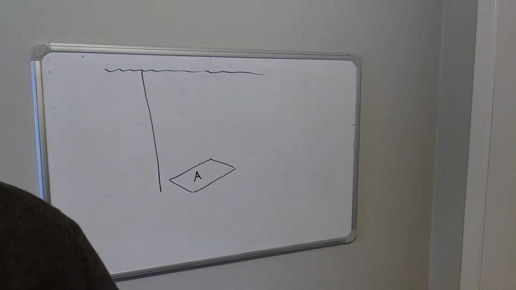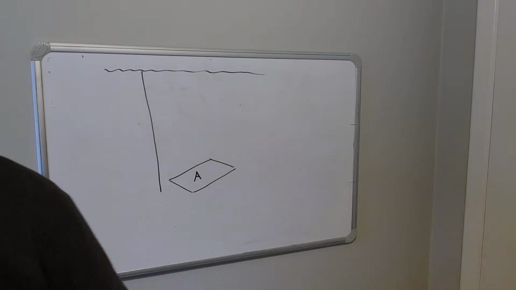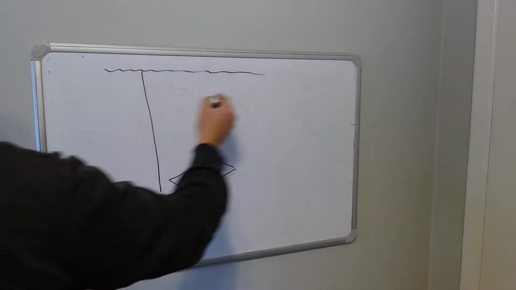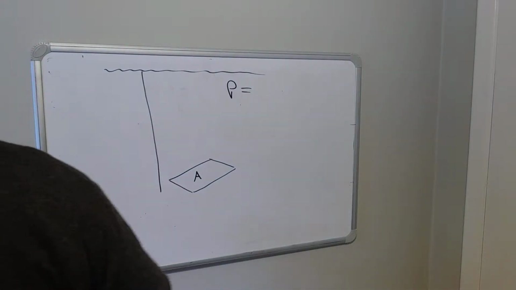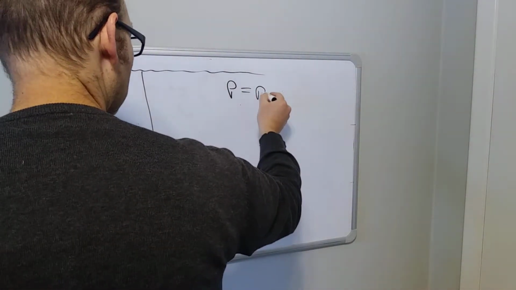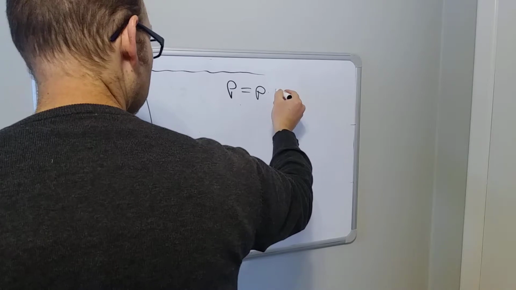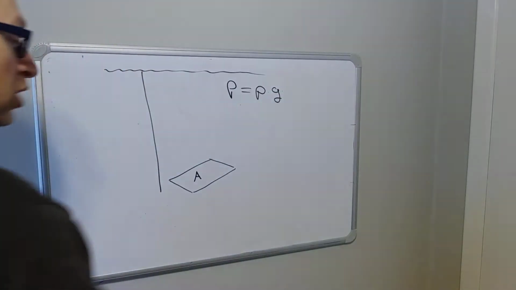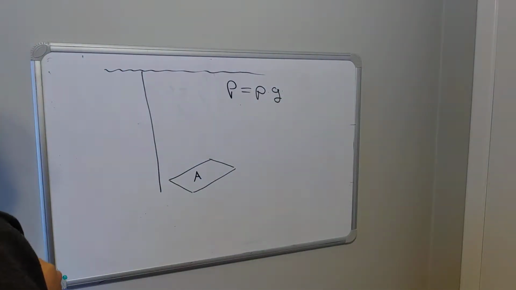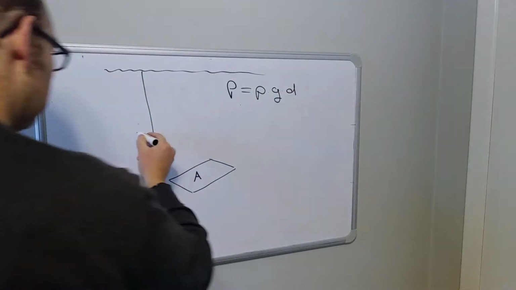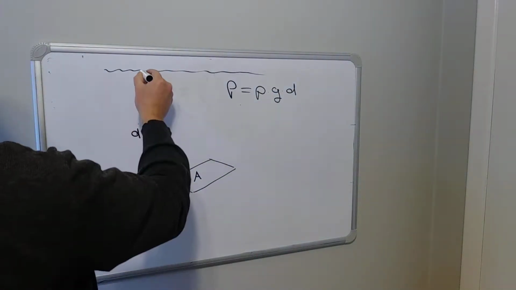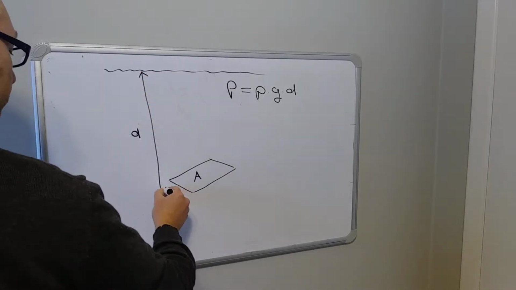A formula from physics tells us that the water pressure P equals the density of water times G, which is 9.8 meters per second squared, times the depth D. So D would be this depth right here.